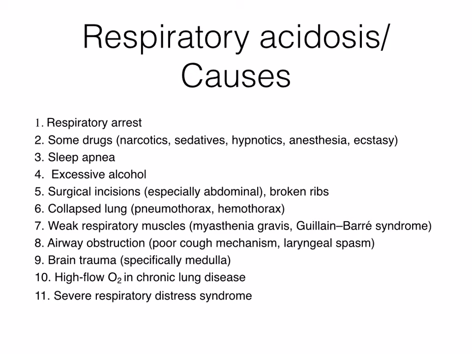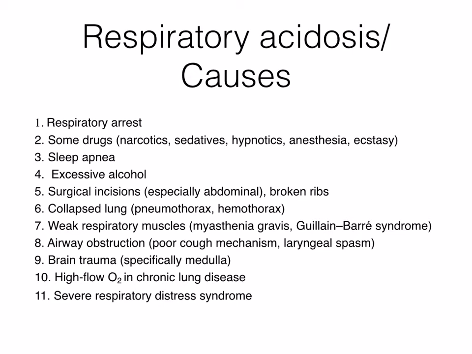Now, when you have surgical incisions, especially when surgery is done on the abdominal wall, or there were some broken ribs, there's a lot of pain happening, and with deep breathing there is a lot of pain, and this pain with deep breathing is causing retention of carbon dioxide, and that is why there is a respiratory acidosis condition happening.